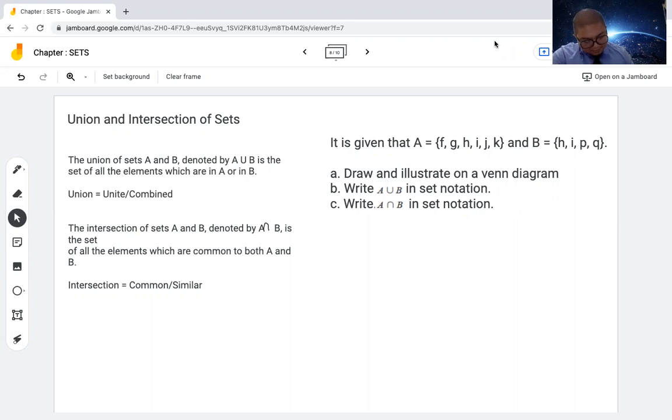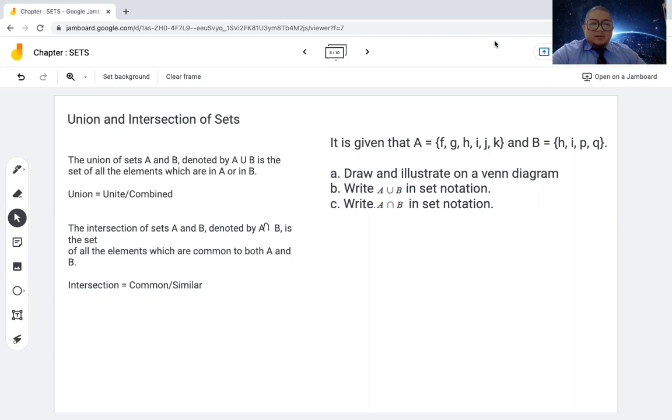All right, so now we are going to discuss union and intersection of sets. And in here, it's very easy. So the first thing that we need to do, as always, is to define what the union is.